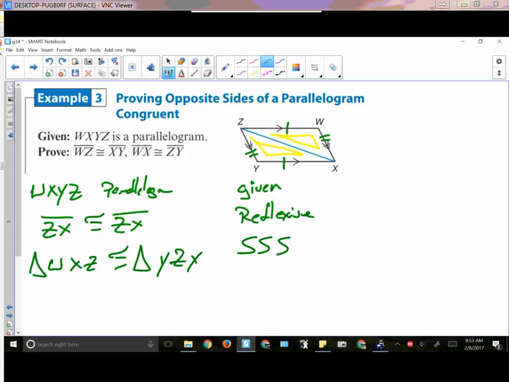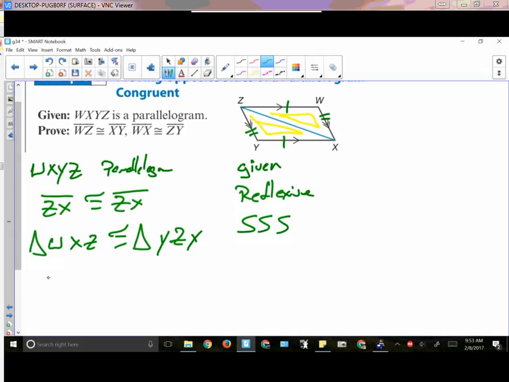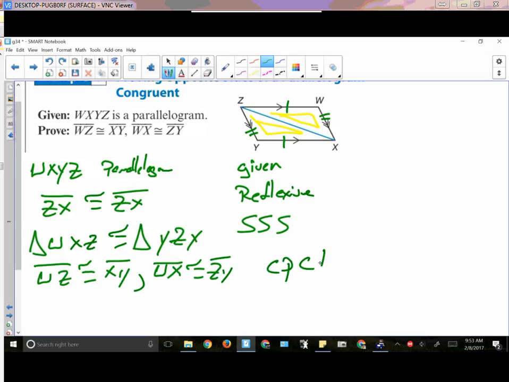Okay? Now, I get to say the following. WZ is congruent to XY. I can say WX is congruent to ZY because corresponding parts of congruent triangles are congruent.